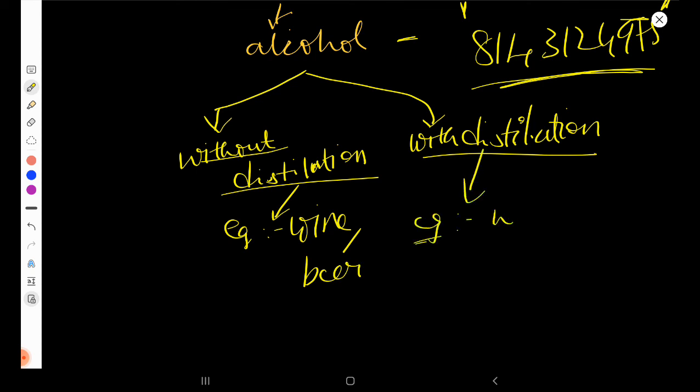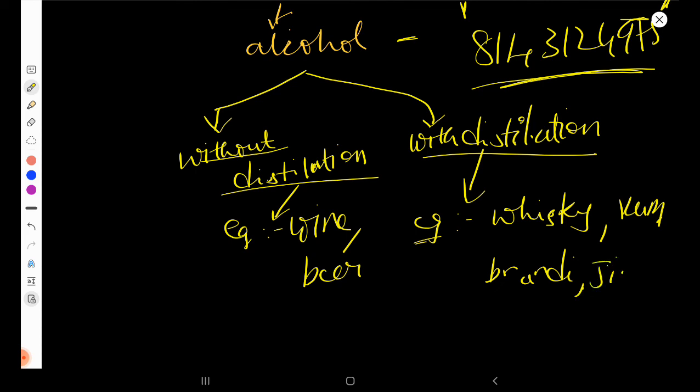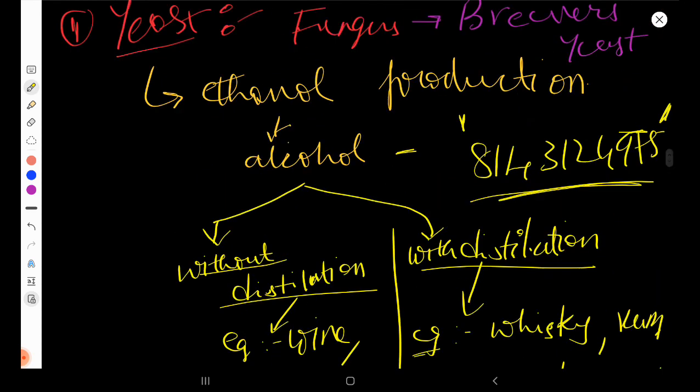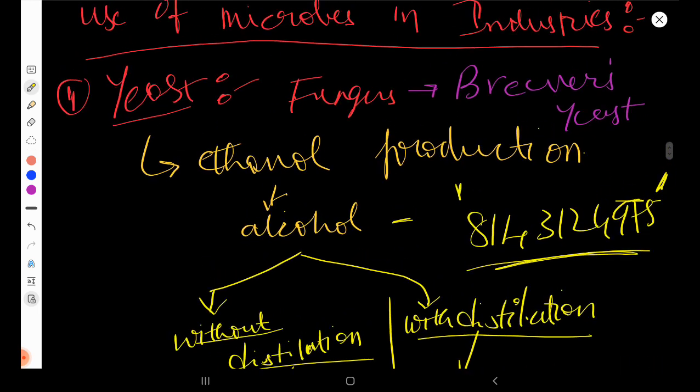You can take whiskey, rum, brandy, gin, etc. Let's not go much deep into this. Just remember, with the distillation and without distillation, there may be a chance of questioning you at this point. So this is the first use of microbes in industries.